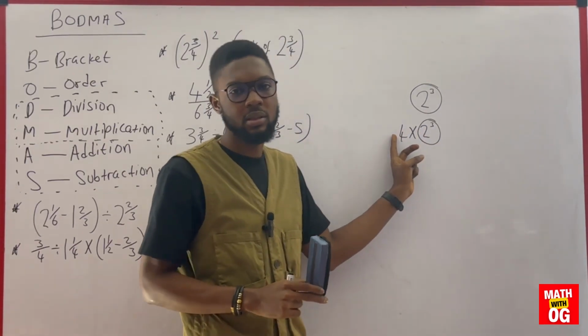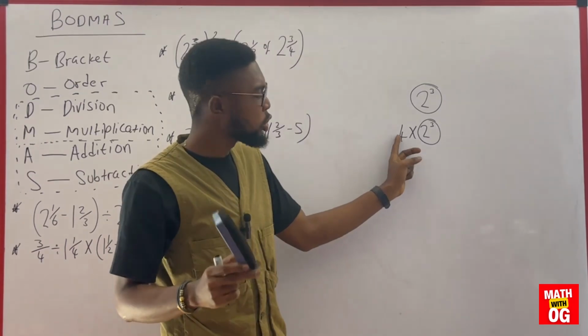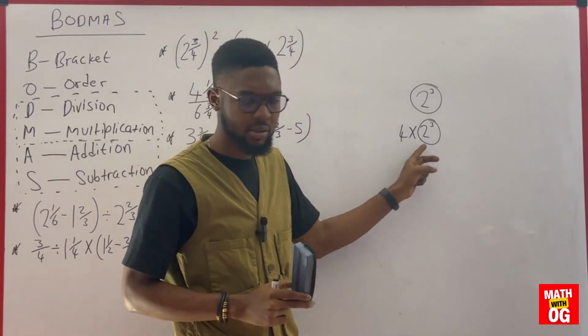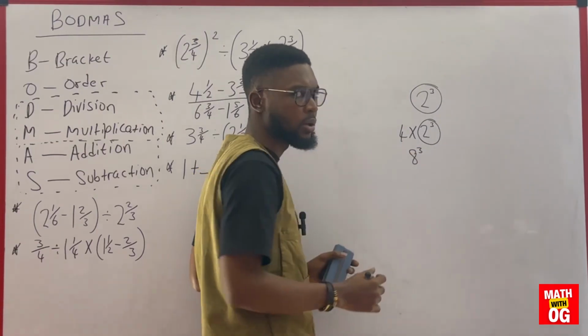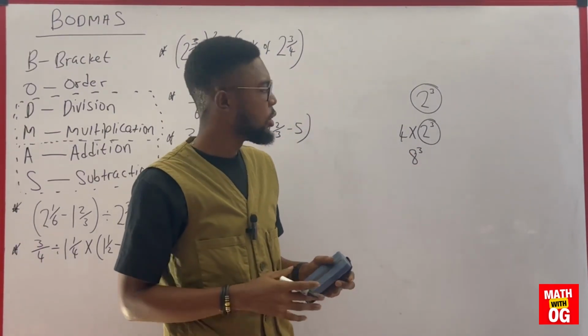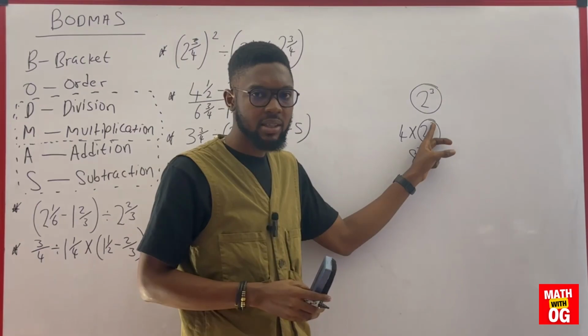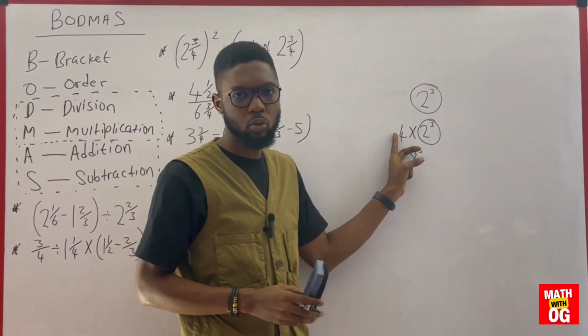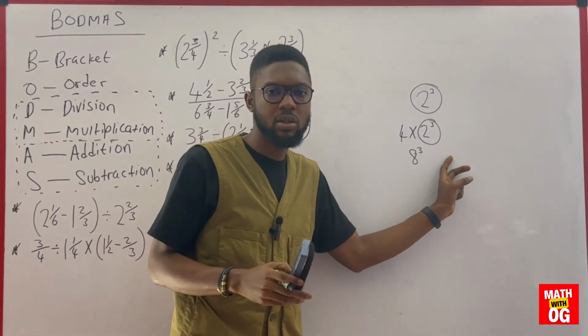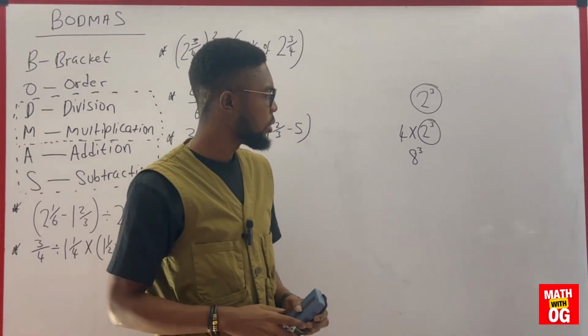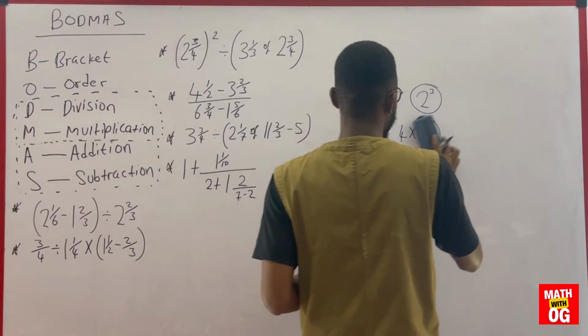So your answer should be 32. You are not supposed to do 4 times 2 first, which is 8, then raised to the power of 3. That is wrong. Whatever answer you get is a wrong answer. So that's that for order.